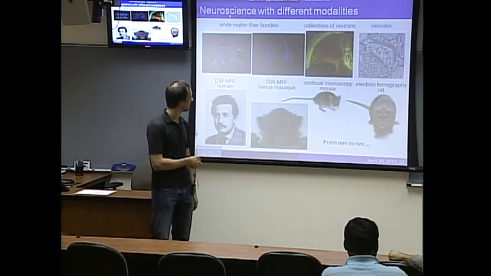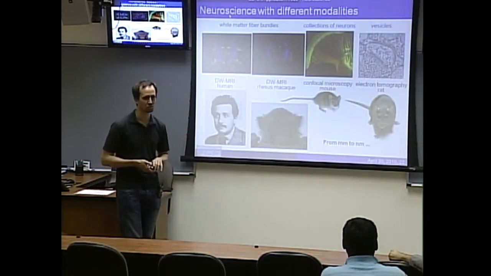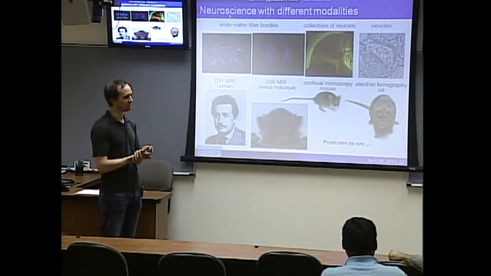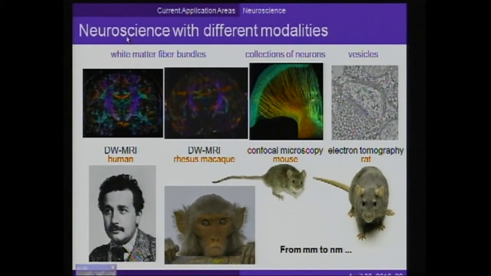Now, the interesting part here is that, of course, you can also do this at all sorts of different scales. So you can do this for humans. You can do this with macaques, and we're actually working a lot with macaques, and this is also what I'm going to talk about later. But even more interesting is that you can, in principle, push this to other modalities and other levels of resolution.